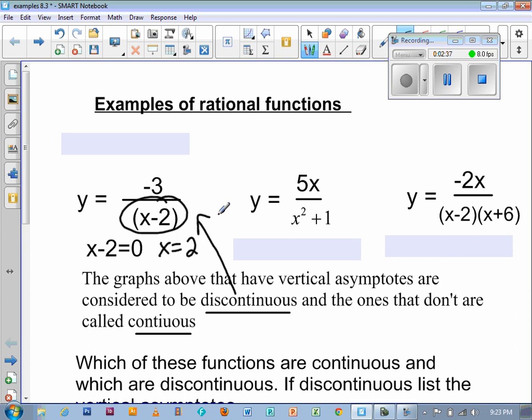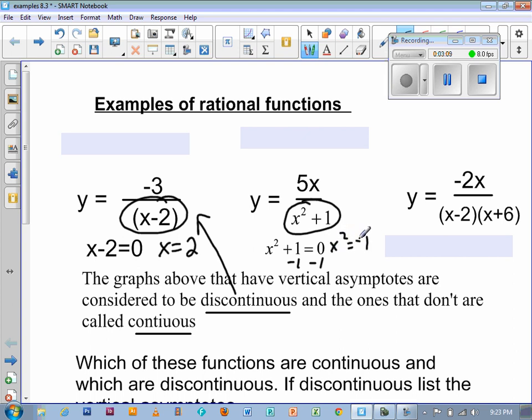The second function has x squared plus 1 in our denominator. Is there something that we could put in for x that will turn this into a 0? So we solve this equation, and you would end up with x squared plus 1 equals 0. We subtract 1 from both sides, so x squared becomes equal to a negative 1.